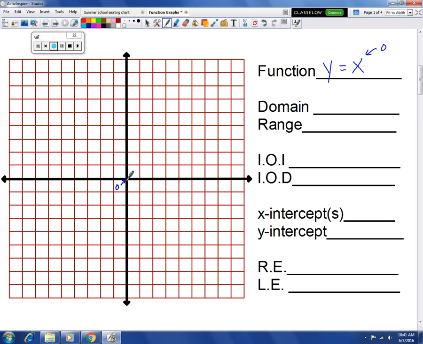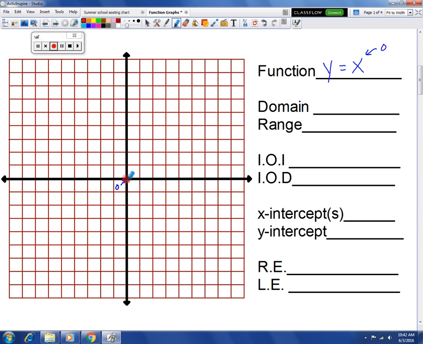It's called the origin. So if y equals x and I take that x out and replace it with a 0, y is equal to 0. Okay? So when x equals 0, y equals 0. So my point is going to be right here at the origin. So I plug in 0, I get a y answer of 0.